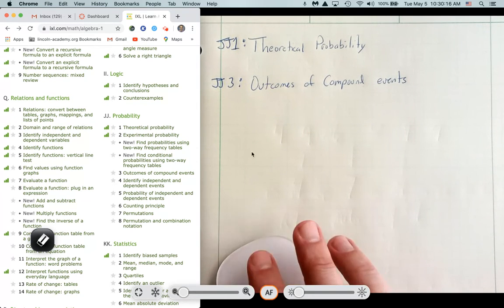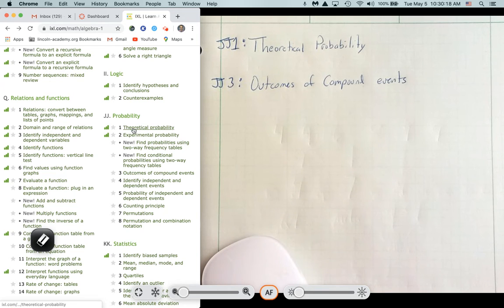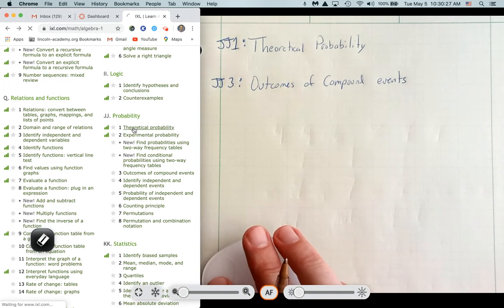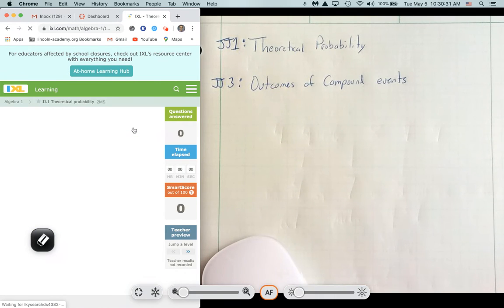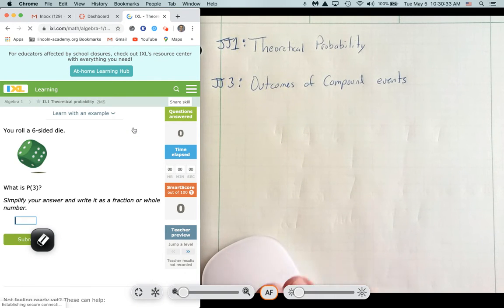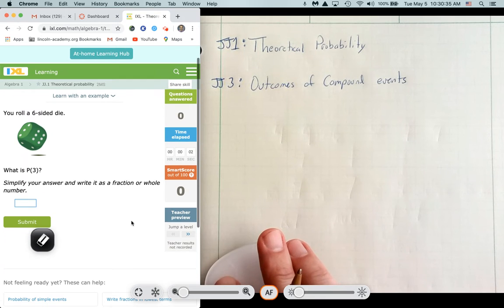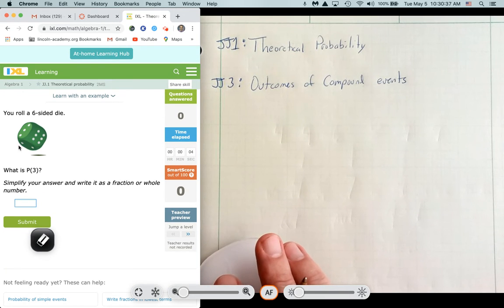First of all, theoretical probability. Let's talk a little bit about theoretical probability. Theoretical just means it's what we consider to be every event basically having the same possibility of an outcome. So theoretically, if we roll a six-sided dice, we have an even chance of landing on each side.